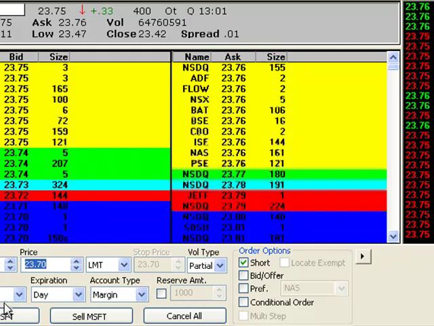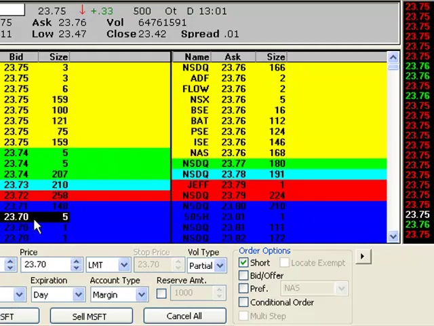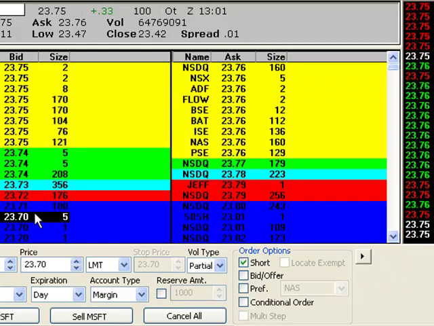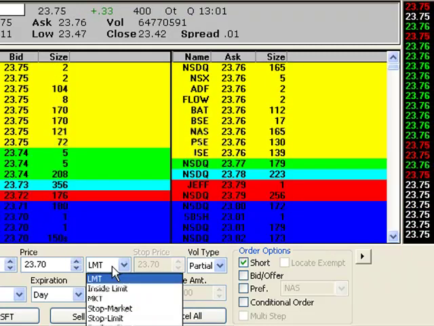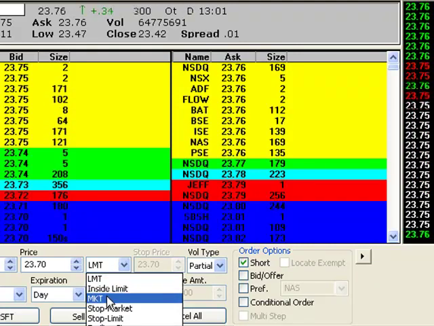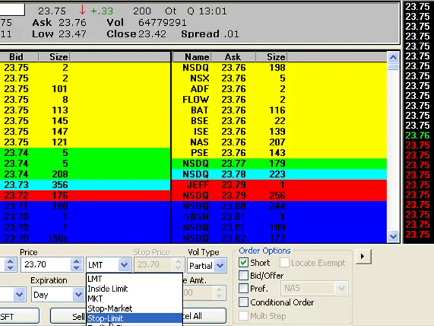If I limit my order at 23.70, it says I'm willing to buy this, but only at 23.70. I'm going to patiently wait because I believe the stock has the potential to find support there, or whatever your reason is. Here are some of the other orders that you can do: an inside limit, market, stop limit, trailing stop, etc.